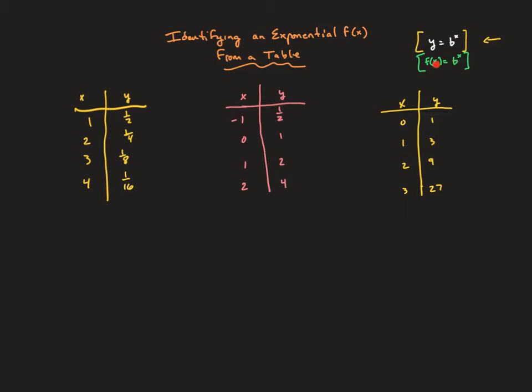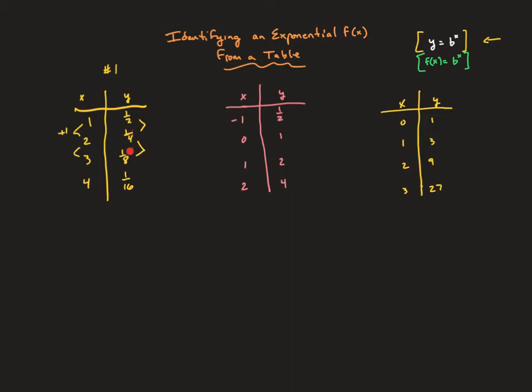If we look at this first table right here, my x values are increasing by 1, right? Plus 1. And then my y values are changing by some factor. As I go from here to here, we decreased by a quarter.